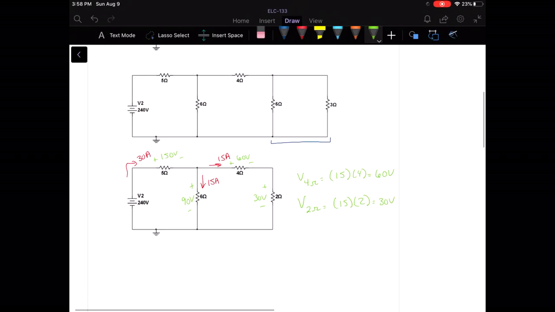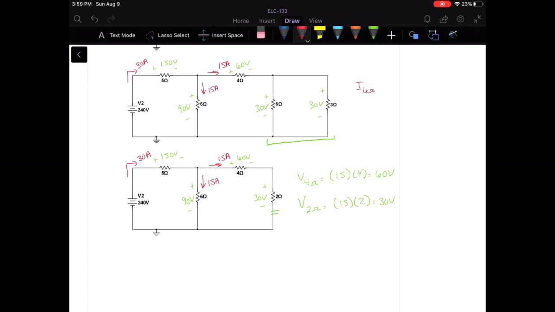Again, I'm going to go up and transfer what we've learned. So we have 30 amps here, 15 amps here, 15 amps here, 150 volts here, 90 volts here, 60, and 30 volts here, because remember the 2 ohm resistor was the combination of my 6 and my 3 in parallel, so they're both going to have 30 volts across there.